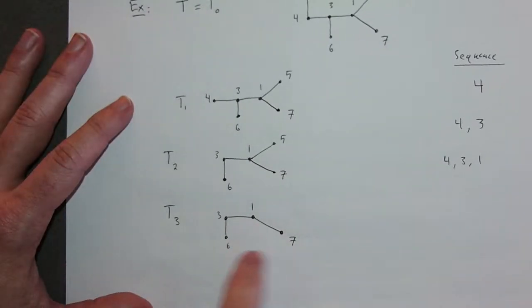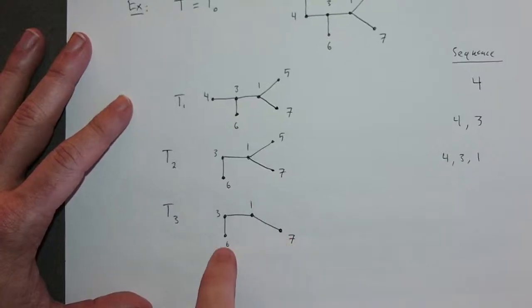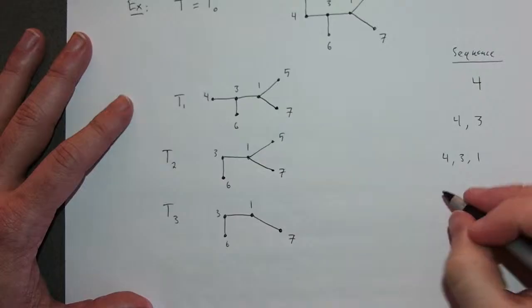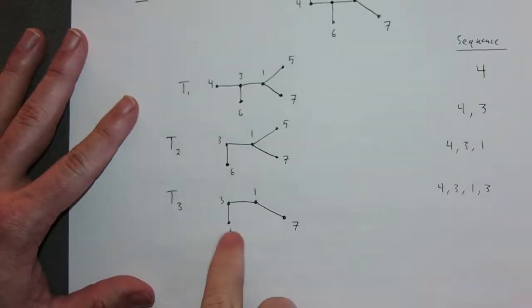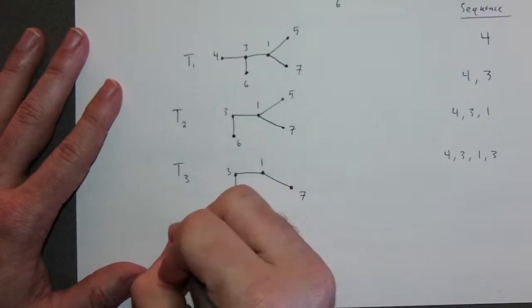Now I only have 2 leaves, 6 and 7. The smallest labeled one is 6. Its only neighbor is 3, so the sequence becomes 4, 3, 1, 3. Vertex 6 gets removed.